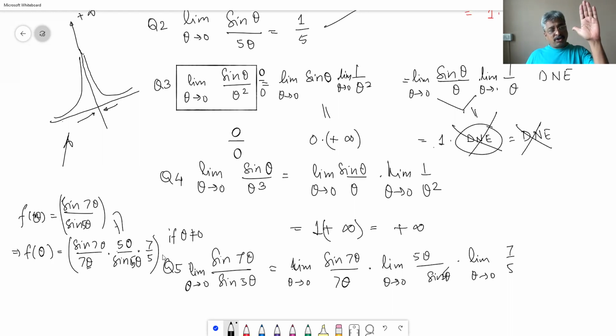L1 and L2 belong to R, that means they are finite numbers. So if this is a finite number as far as limit is concerned, and if this is a finite number, then of course the limit of this product is the product of the limits. I can use that product theorem and say that this is 1, this is 1, and this is 7 by 5. Therefore the answer is 7 by 5.